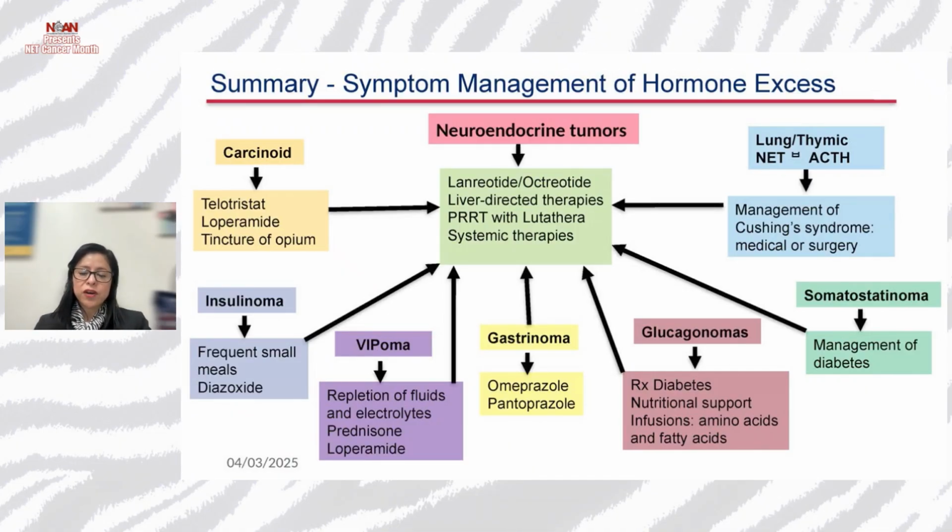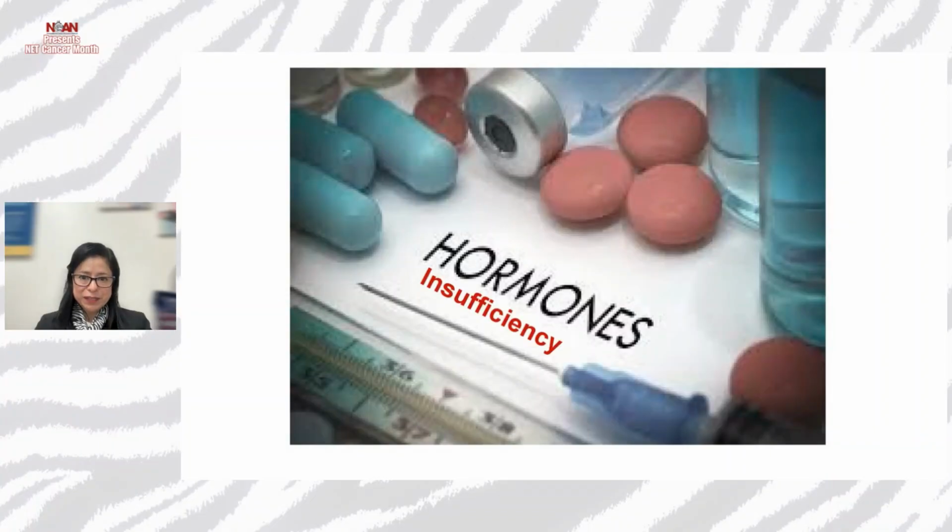So we can see that depending on what the neuroendocrine tumor is and which hormones it produces in excess, there have to be certain measures, which are also independent of the symptoms related to the advanced disease or systemic therapies.